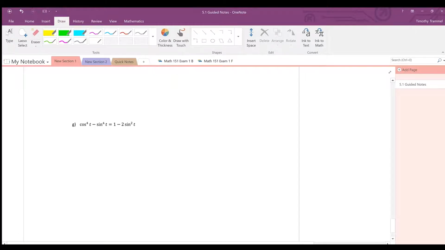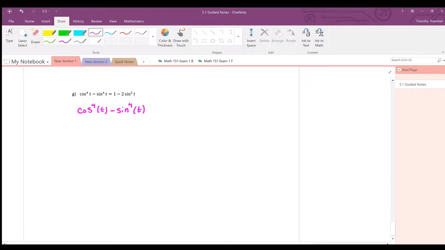Let's go ahead and try another one. I'm going to actually start off with this left-hand side. And you have actually a couple options here. Some of you might see that you can actually use difference of squares here if you just rewrite this a little bit.